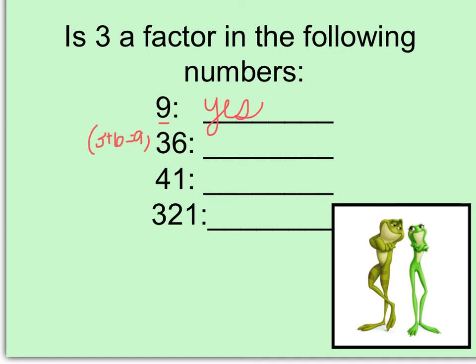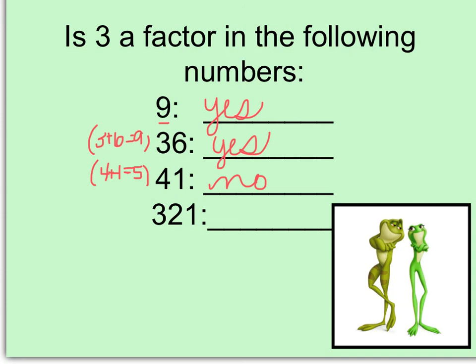And since 3 plus 6 is 9, 36 also has 3 as a factor. For 41, I think in my head 4 plus 1, and that gives me 5. Since 4 plus 1 is 5, 41 is not a number that has 3 as a factor.